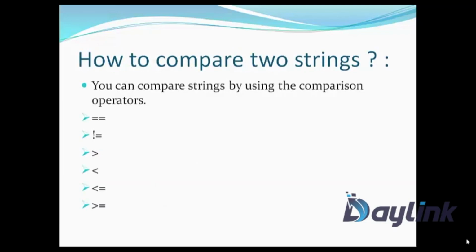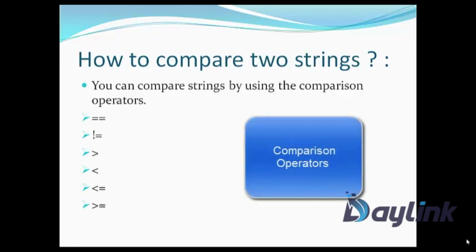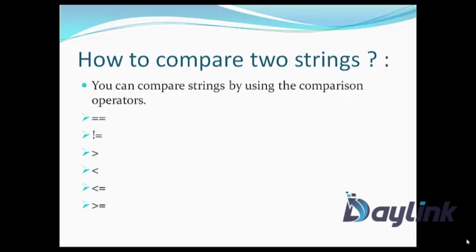Now we see how to compare two strings. You can compare strings by using the comparison operators like double equal to, not equal to, less than, greater than, less than or equal to, and greater than or equal to. Suppose you need to compare the strings s1 'Jan' with s2 'Jack'.